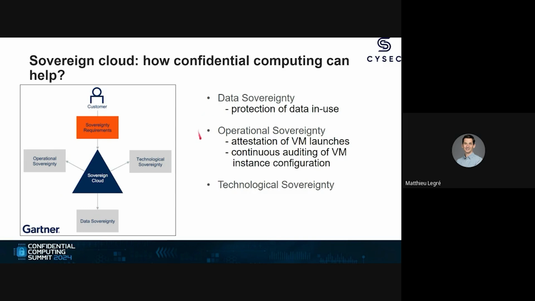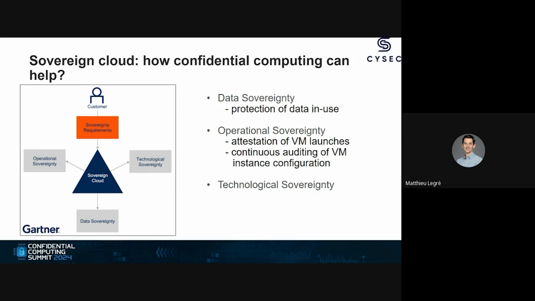That's pretty obvious. Then in terms of operational sovereignty, so the control that the customer can get on the operations from the cloud host, in this case we work on 2 items. One is the attestation of the VM launch, and I will describe later what it is. And the second topic is a continuous auditing of the VM's instance configuration.